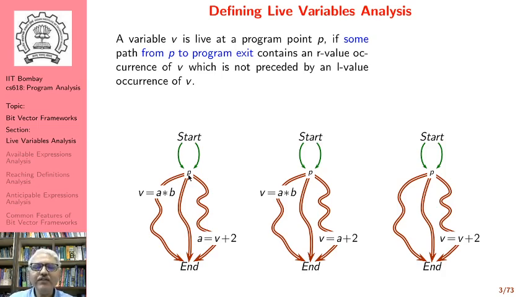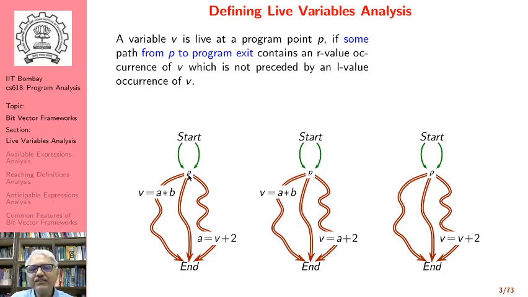So if the value of a variable is being read, then it's an R value occurrence of V, and if the value of the variable is being written into, being defined, a new value is being assigned to the variable, it's an L value occurrence of V. So to summarize, a variable v is live at a program point P if some path from P to program exit contains a read of a variable which is not preceded by a definition of the variable.